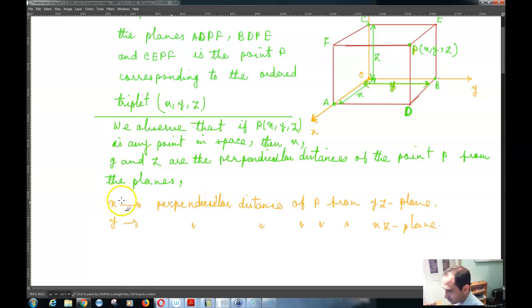So you see that over here you have X, and here X is absent. Over here you have Y, over here Y is absent, and you have only X, Y, and Z. So that way you can remember this, meaning that X is the perpendicular distance of the point P from the YZ plane, Y is the perpendicular distance of the point P from the XZ plane, and so then logically Z is the perpendicular distance of the point P from the XY plane.